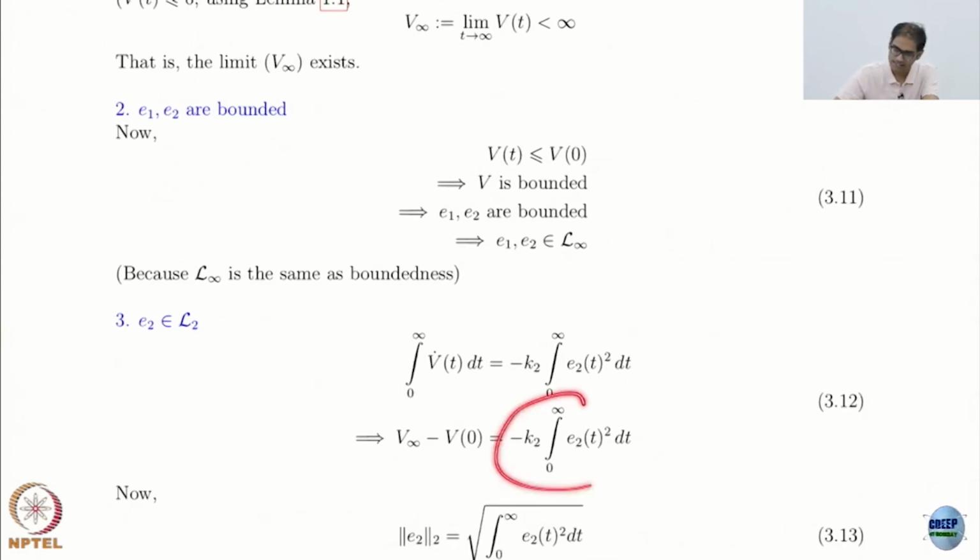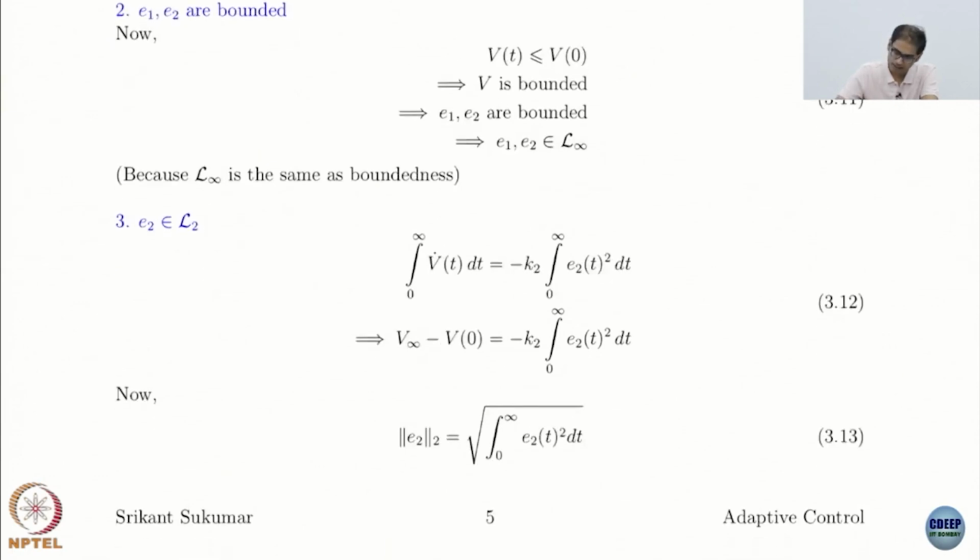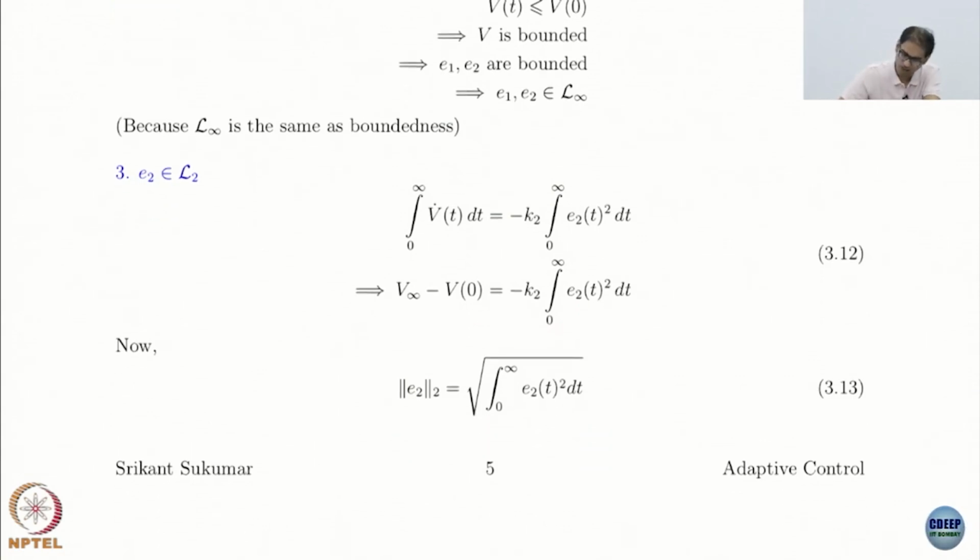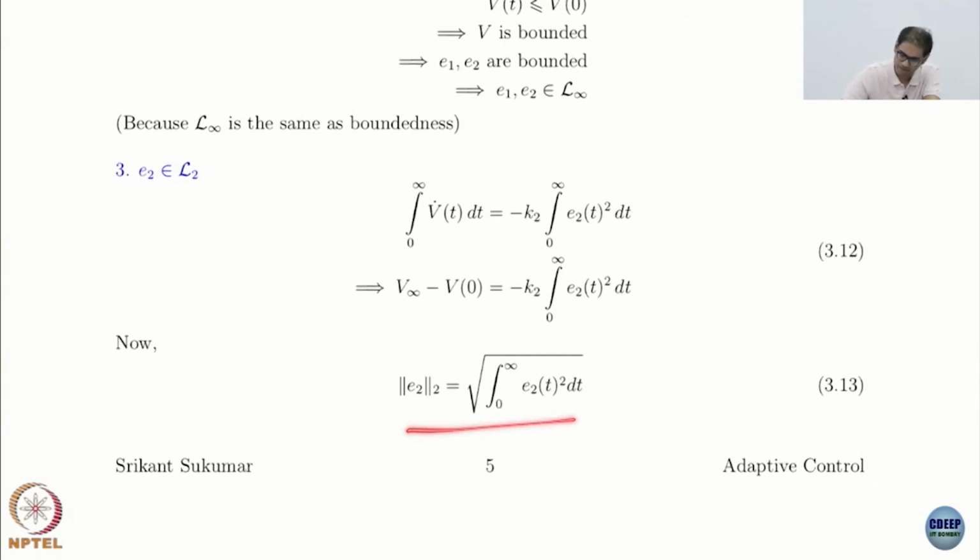And the right hand side is as it is, I have not touched it. So what do I know? What does this look like? It is the square of the 2 norm, the 2 signal norm. That is what I have written here. I can solve this to get the 2 signal norm, which is just the definition.